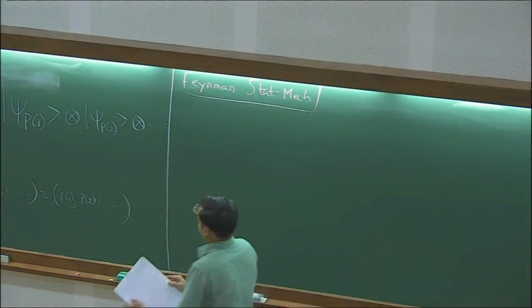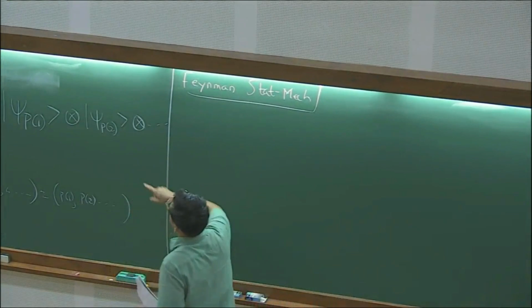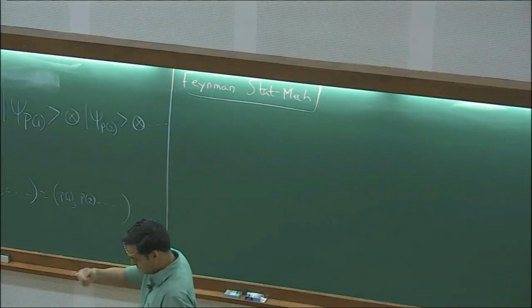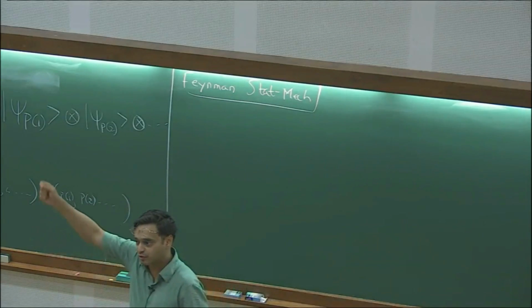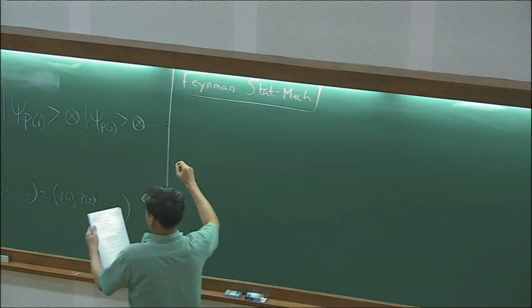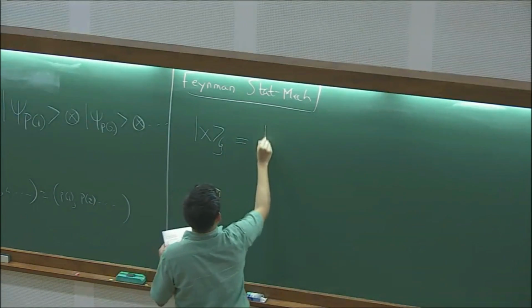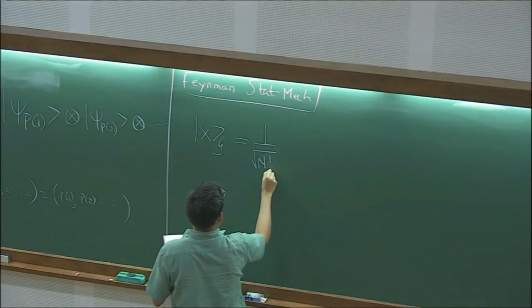So in particular, if we use these orbitals to be just real space positions of particles, so you have particles at positions x1, x2, x3, x4 up to xn, then we would have a legal position ket, which would be exactly the same formula, but let me write it down once.